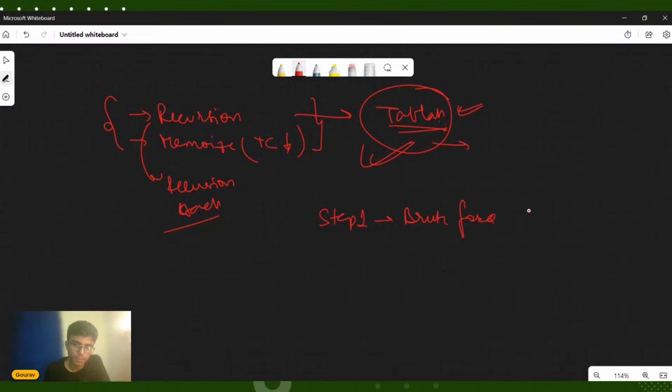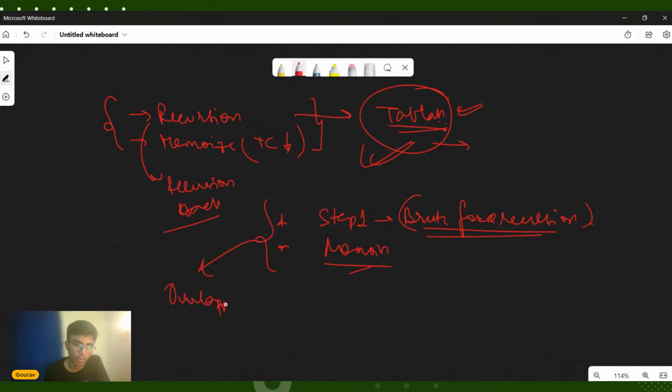Once you've written it, try to memoize it. And before you do step 1 and step 2, make sure that you have overlapping subproblems. There may be problems in which you are not able to find overlapping subproblems, and in that case, you certainly cannot apply dynamic programming.